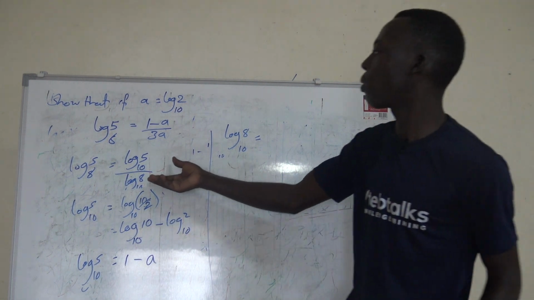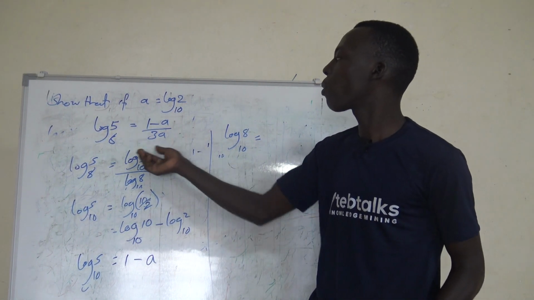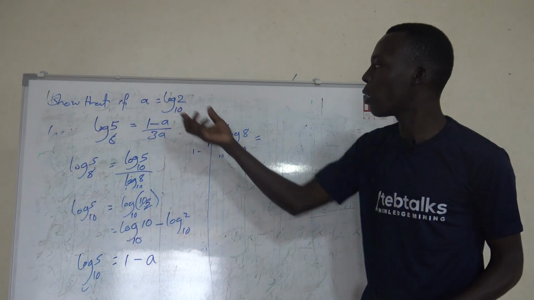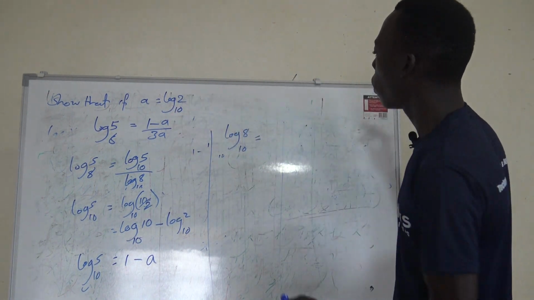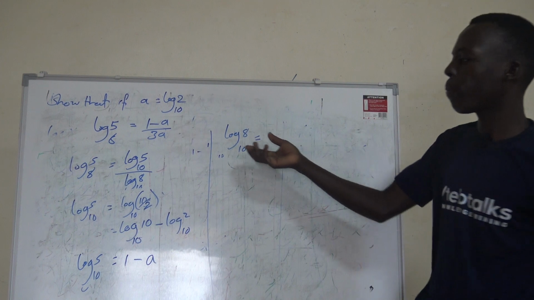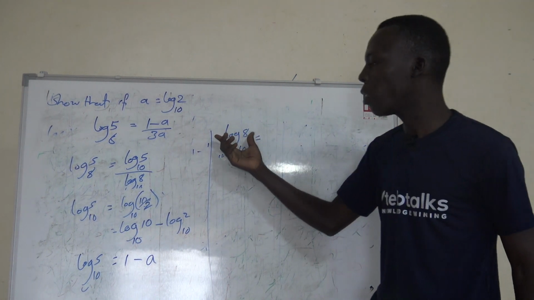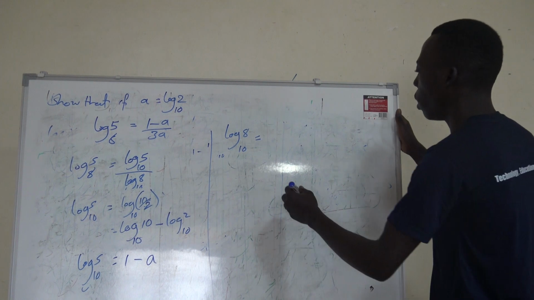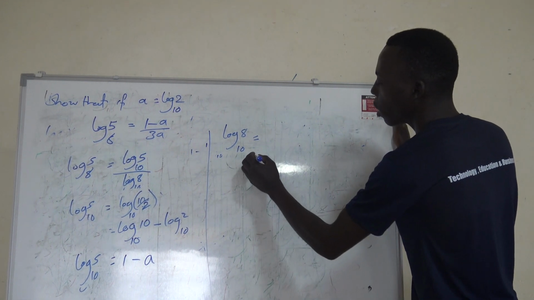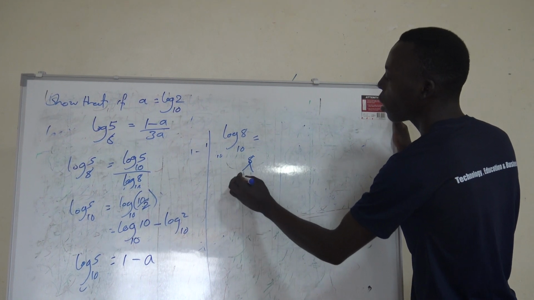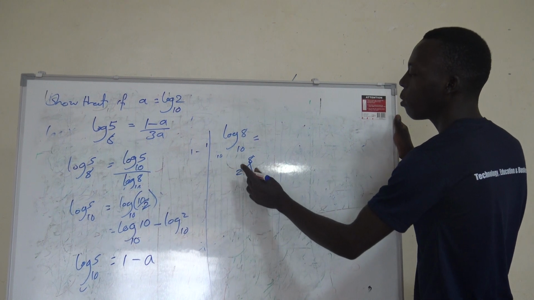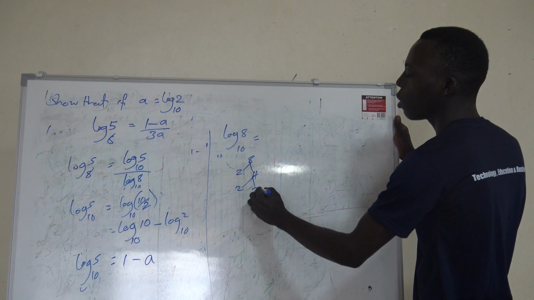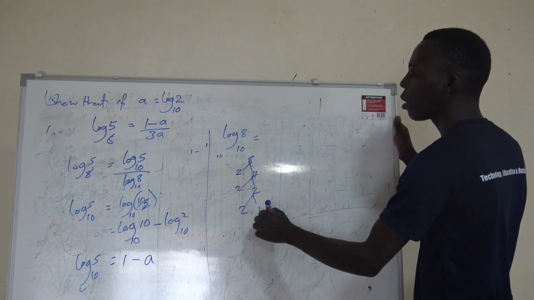We have to change this so that we can come out with something like 3a. We express 8 in terms of 2 by factorizing: 8 divided by 2 gives 4, divided by 2 gives 2, divided by 2 gives 1.